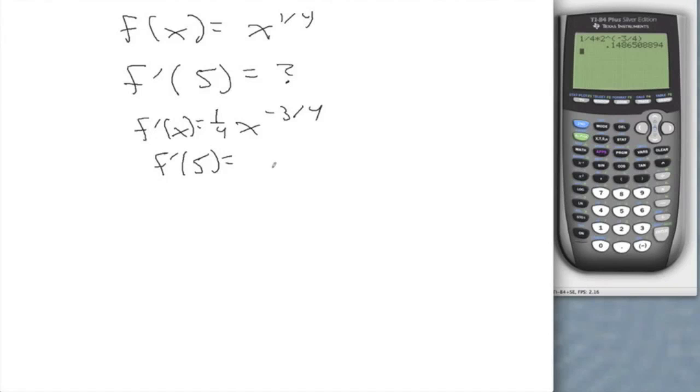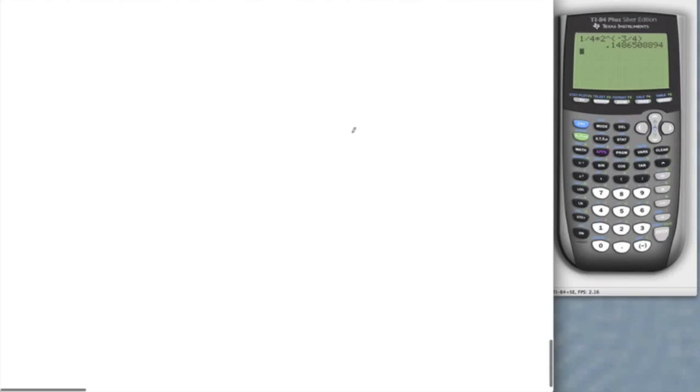Good. And now I'll solve that in my calculator. And my answer comes out to be f prime of 5 equals 0.075. Okay, you did that correctly. That was good.